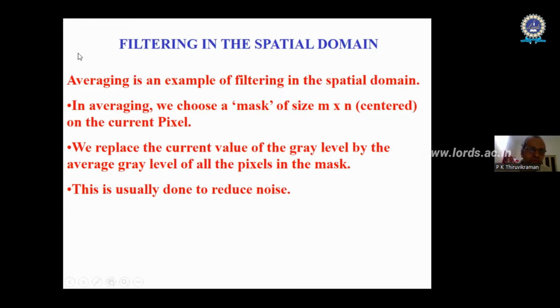Starting from one corner, we take the average of 9 values, replace that pixel, shift the mask by 1 pixel, then again repeat the operation, and so on. If you do this filtering in the spatial domain, the computation required is quite enormous. In fact, that is why we go to Fourier domain, where the computation required is much less. I will not prove that because there is no time.